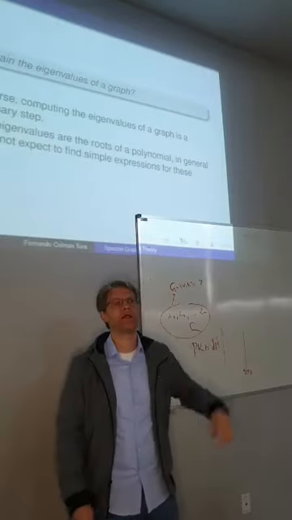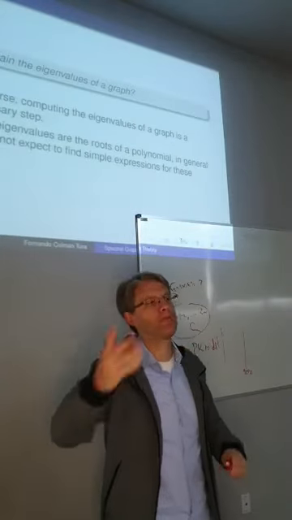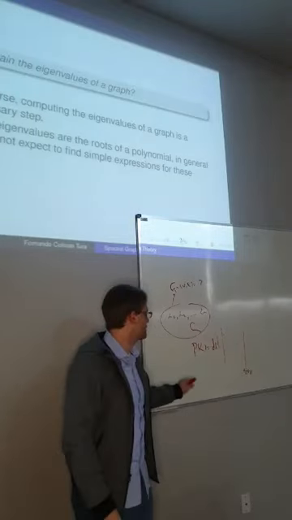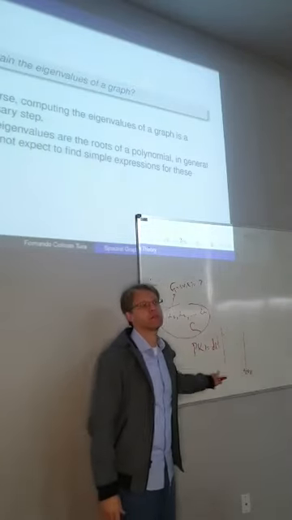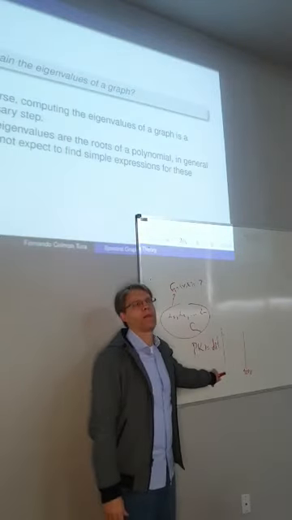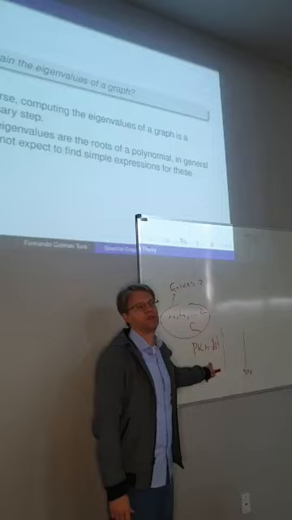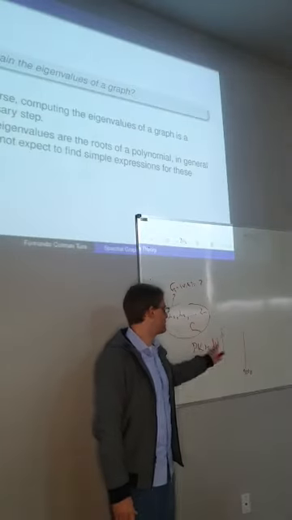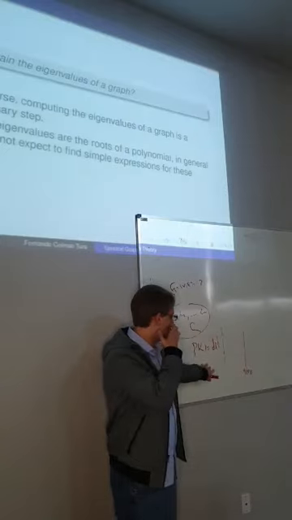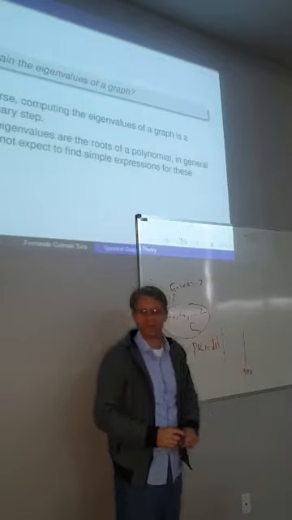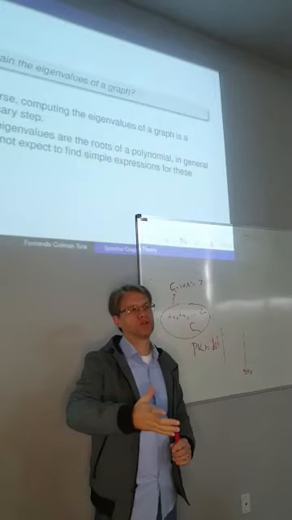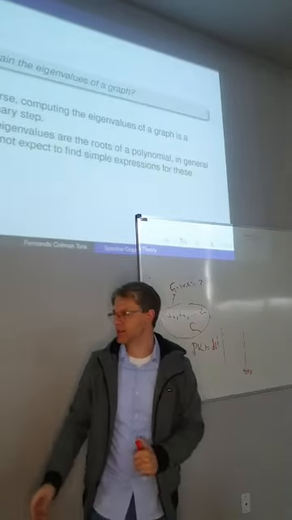Although you have many software tools, Maple, MATLAB, now Python, for a general case this is not easy, because I have to determine the roots of the characteristic polynomial. Sometimes it has a much bigger degree. So there is another way to find the eigenvalues.